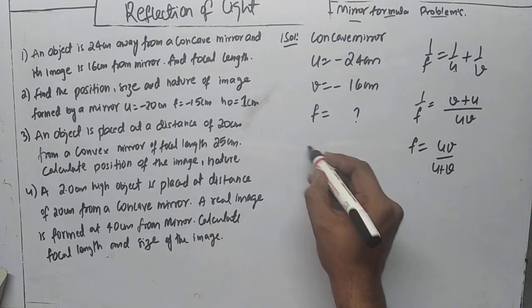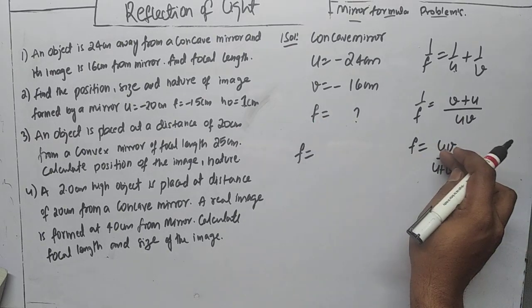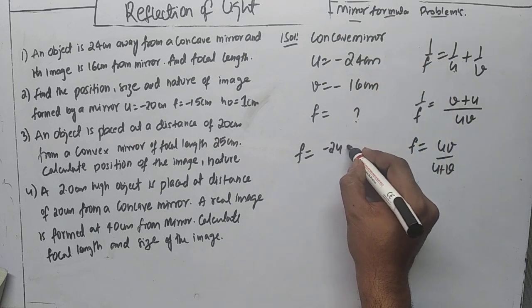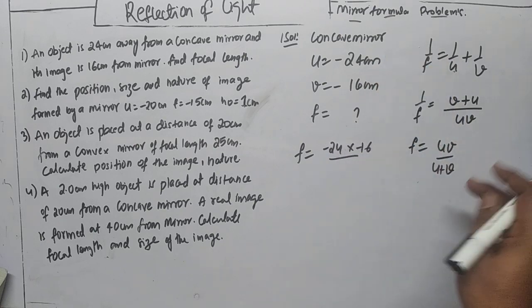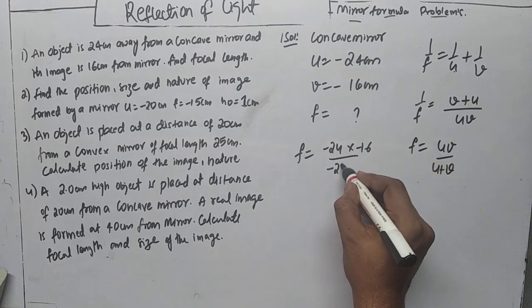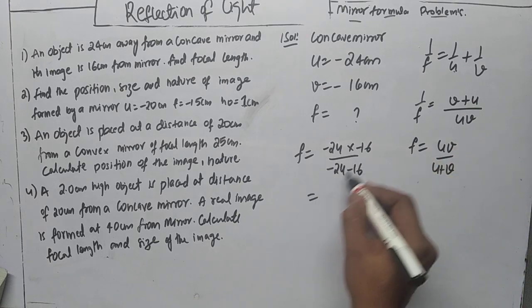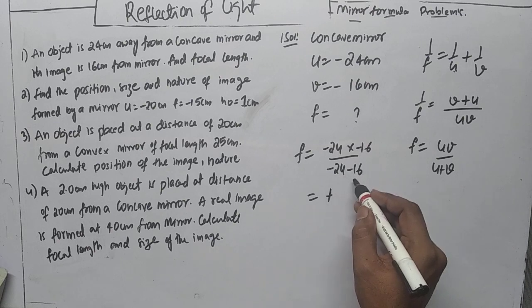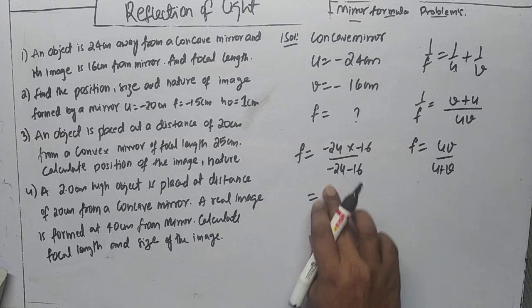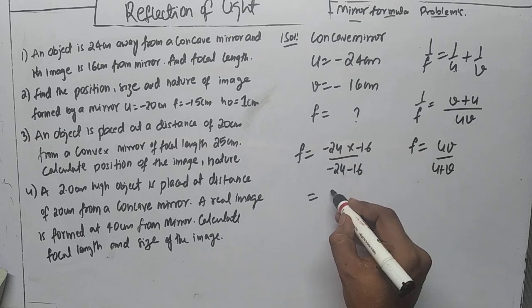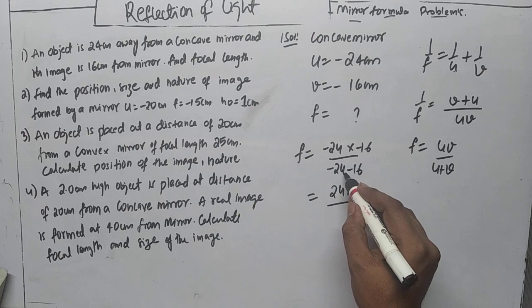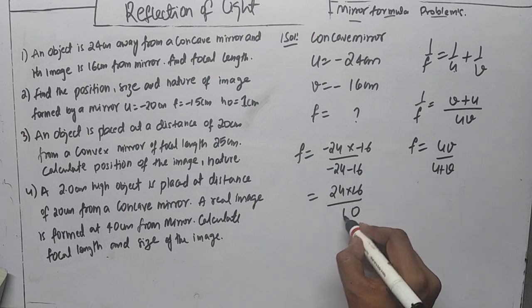So directly, if you want to find the f value, substitute in this formula. You'll get minus 24 into minus 16 by minus 24 minus 16. Minus into minus becomes plus, so 24 into 16 by minus 40.